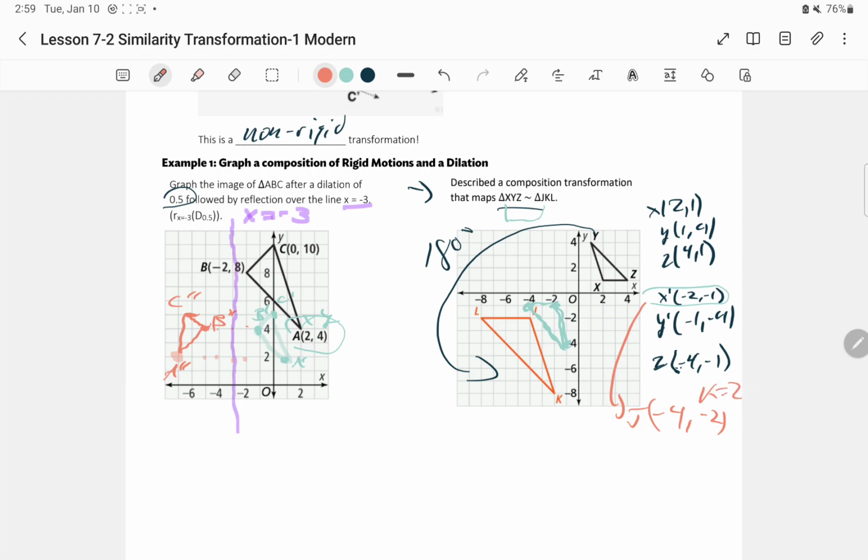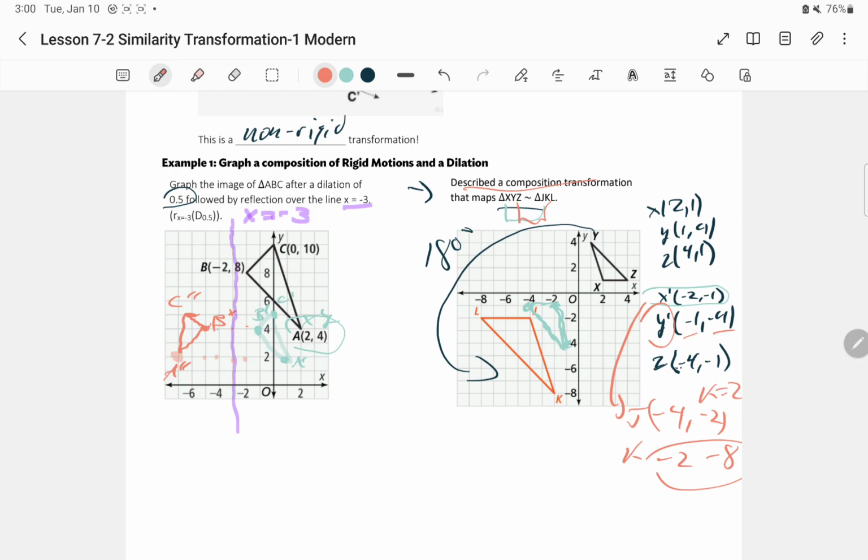And I'll get there. So I'm going to do that with each one of these. And there it works. -1 times 2 would give me a -2, and -4 times 2 would give me a -8. That's coordinate Y. It's going to match up with coordinate K. Here's K at -2, -8. So it looks good.